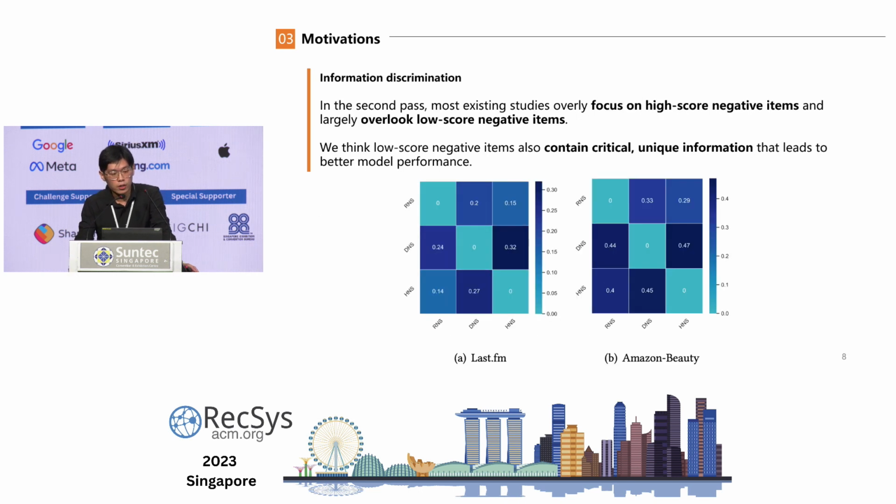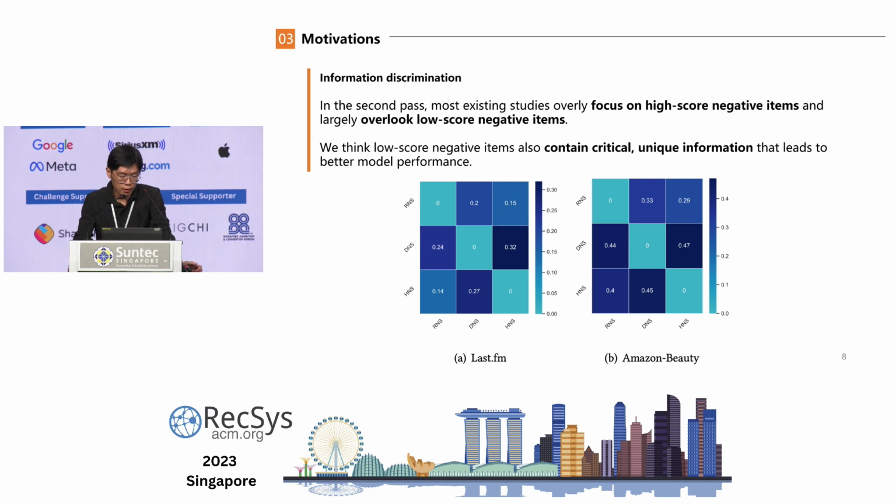And another limitation is information discrimination. In the second pass, most existing studies focus on high-score negative items and overlook low-score negative items. We think low-score negative items also contain critical unique information. To verify this point, we introduce a PER heat map.